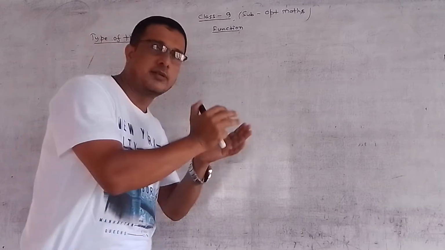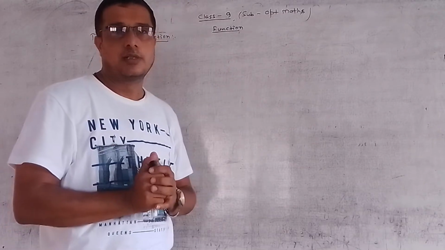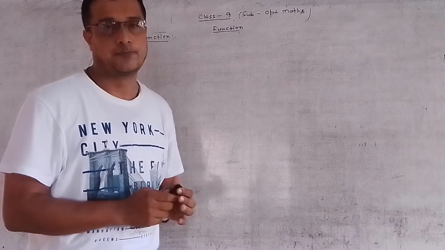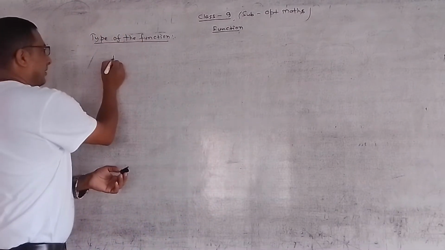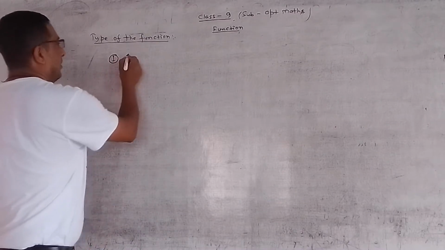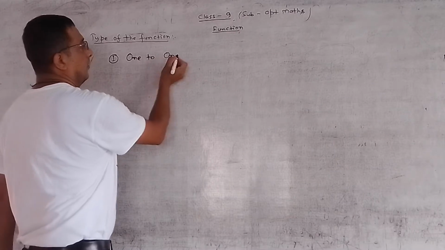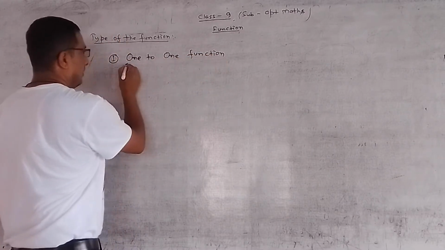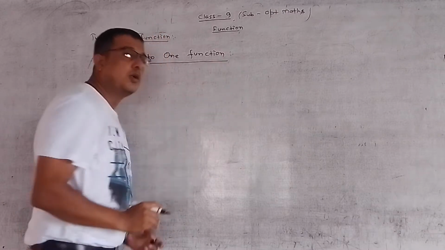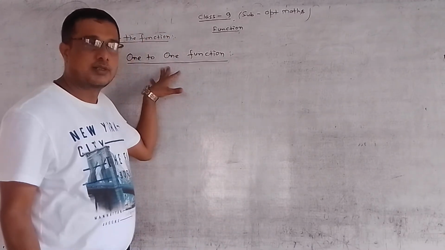First one is defined from set A, second one is defined from set B. So, the first type is the one-to-one function.